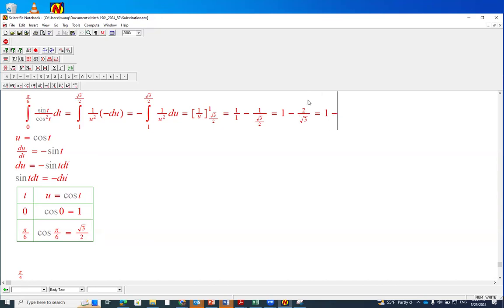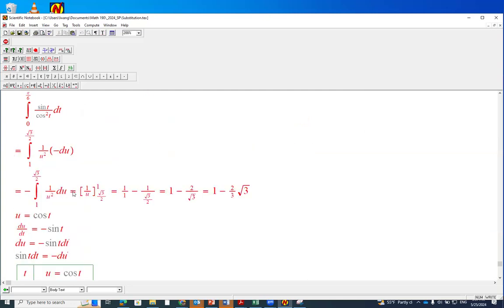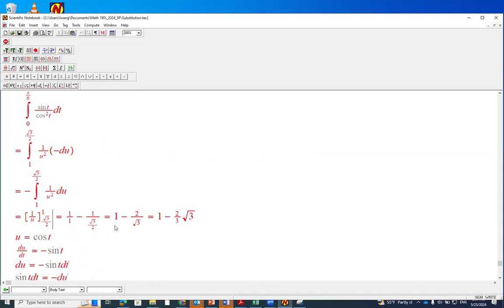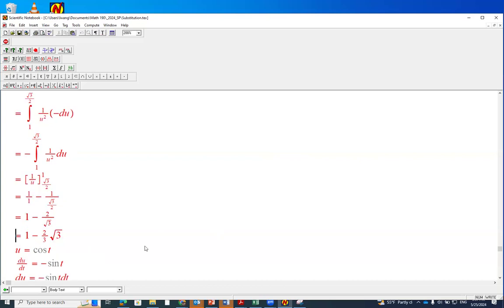Okay, so it's 1 minus 2 root 3 over 3. And your professor usually will be content with that answer. So now, last but not least, to show work. Of course, you always check your work. You always check your work. Okay.